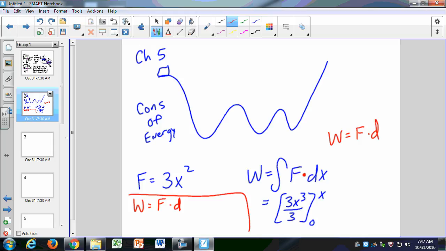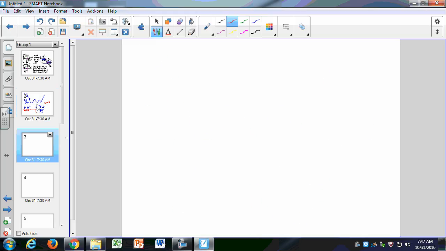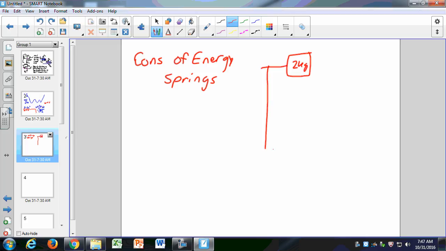You might also see conservation of energy with springs. For example, let's say I have a block of 2 kilograms at a certain height, say 3 meters. At this point, then, it has a potential energy equal to mgh.